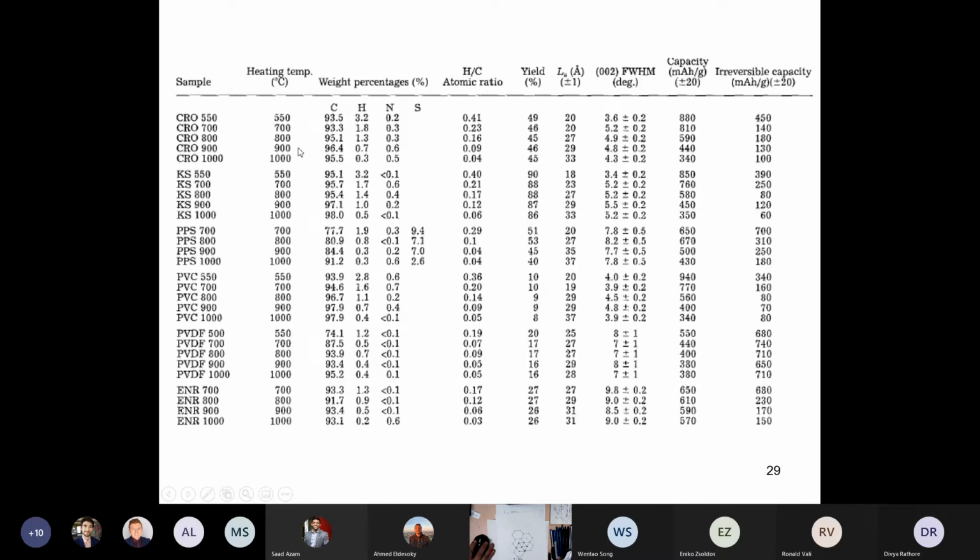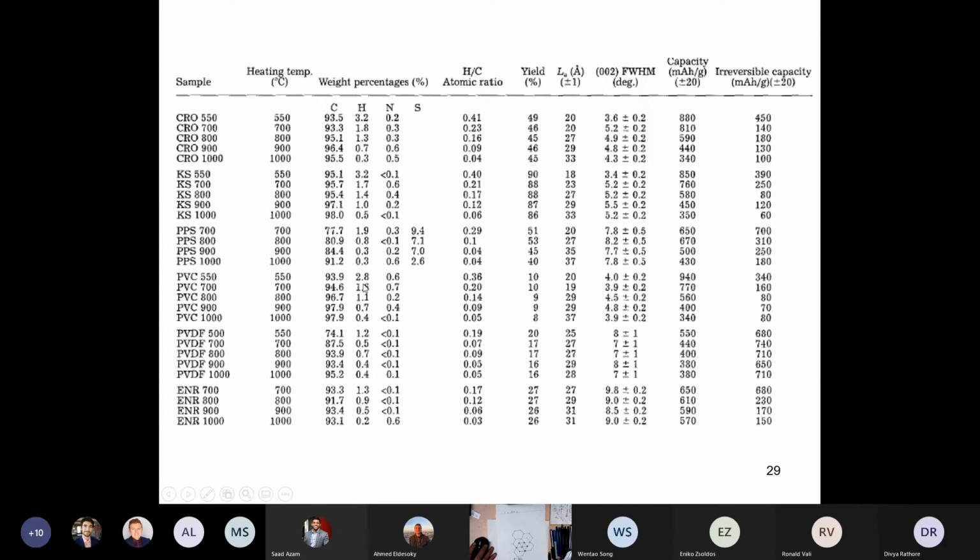And all these things, you heat them at different temperatures. You measure their composition after heating because they all have carbon and hydrogen. As I mentioned before, the higher you heat, the larger the lateral extent of the graphene sheets get and the less hydrogen you have at the edges. So when you look at these, the hydrogen contents all drop.